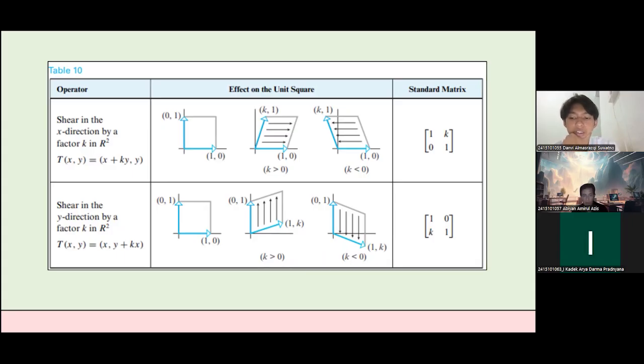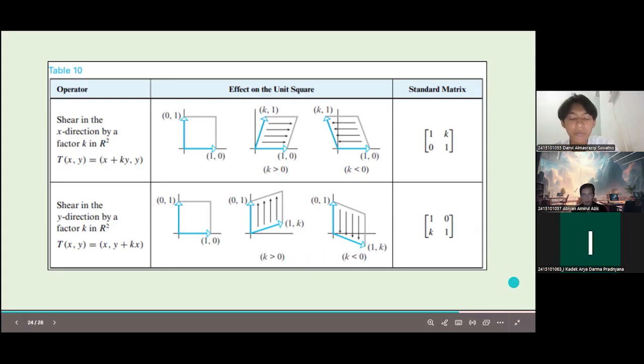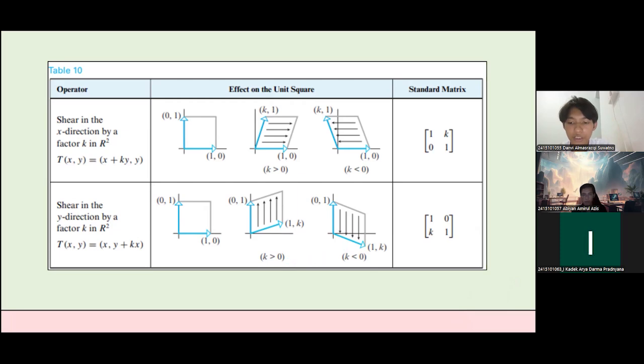So shear is a simple linear transformation that slants a shape without changing its area. It is implemented by adding a multiple of one coordinate to the other, which means it will give a matrix with a single off-diagonal entry.